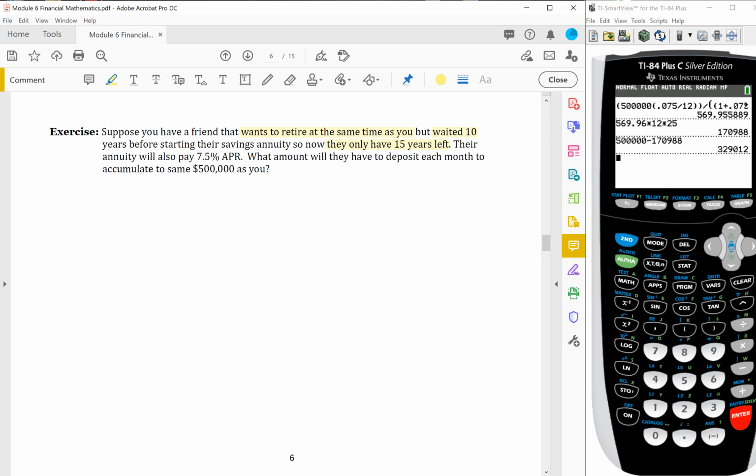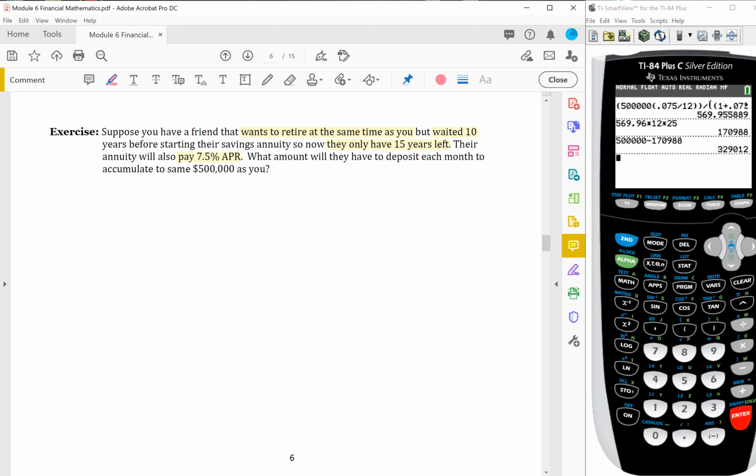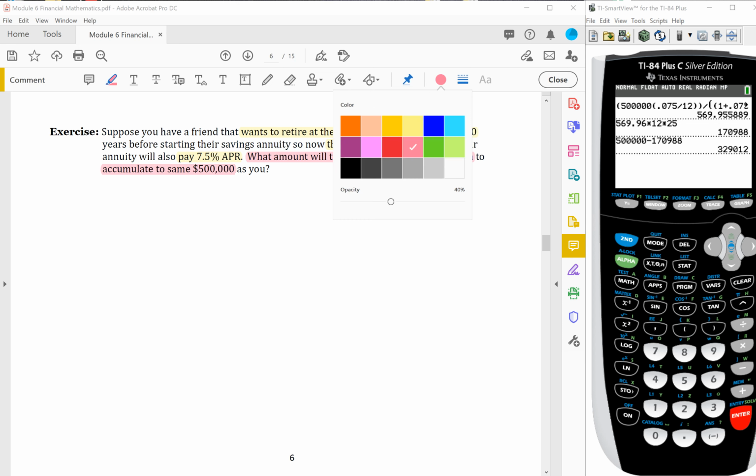Their annuity also pays 7.5%. And now the question, what amount will they have to deposit each month to accumulate to that $500,000 like you had? So notice this question is asking, how much do they have to deposit?